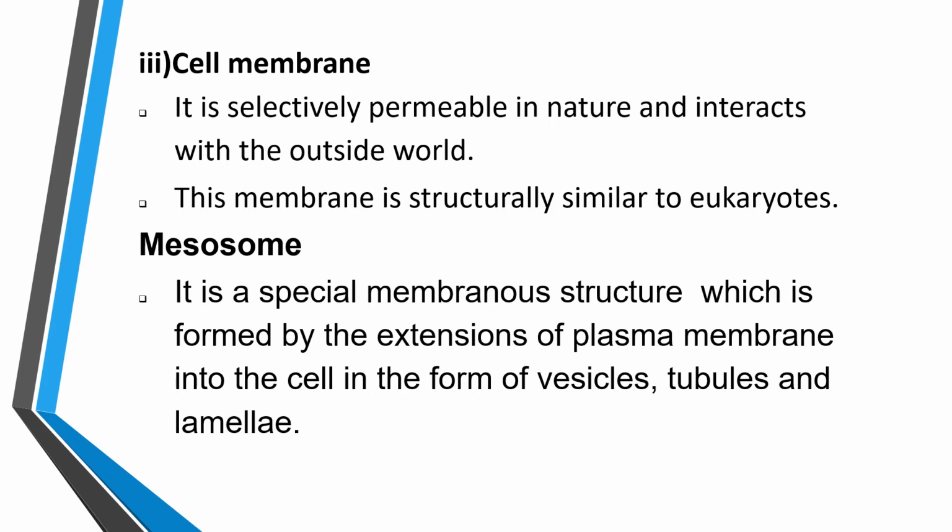Let's start to discuss, students, now the third component of the cell envelope, that is cell membrane or plasma membrane. Student, as per our previous class knowledge, cell membrane is selectively permeable or semi-permeable, because it allows some materials to move in and out of the cell, and its structure is similar in eukaryotes as well.